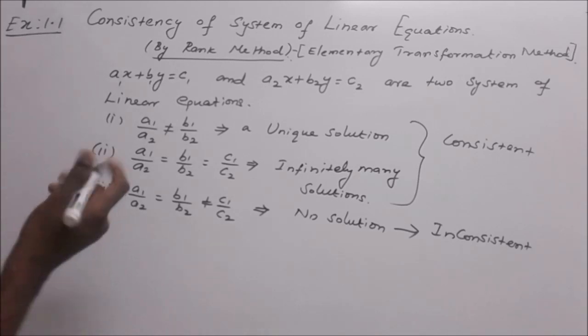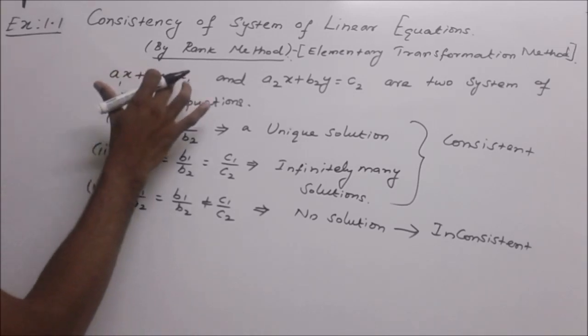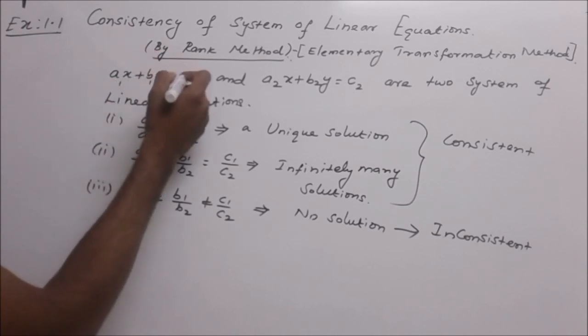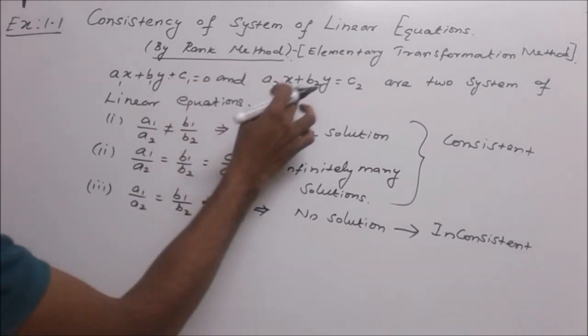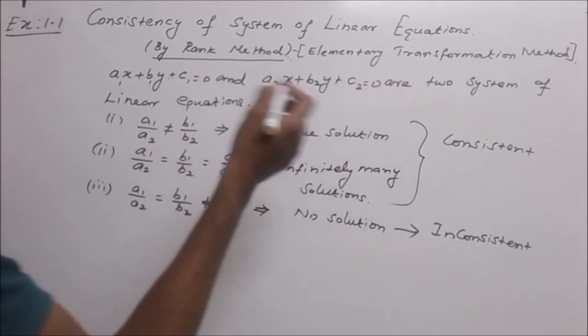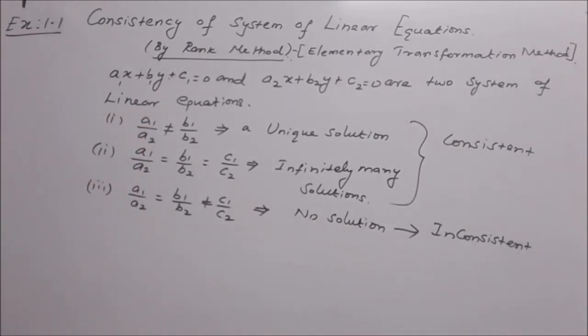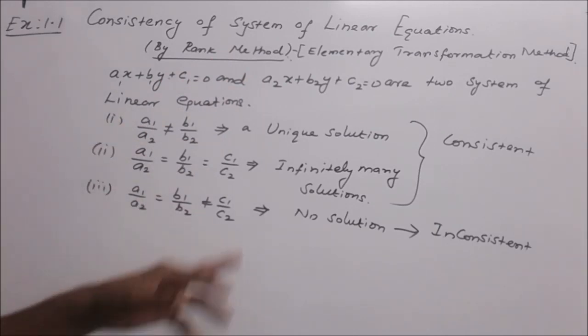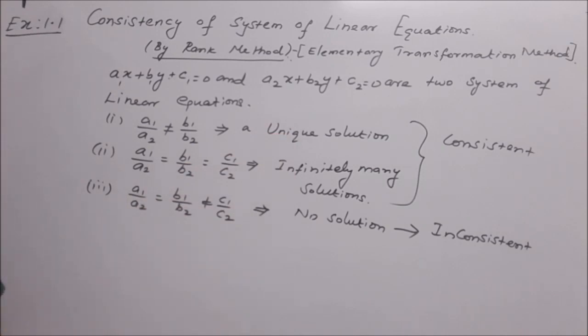Or we can take the equations like this: a1x plus b1y plus c1 equal to 0, a2x plus b2y plus c2 equal to 0. Either way we can keep the equations. Now, by finding the ratios of the coefficients, we can conclude whether the given system of equations is consistent or not.